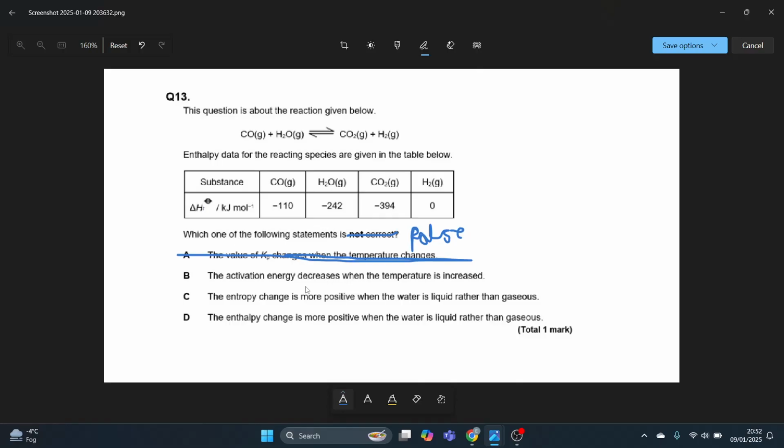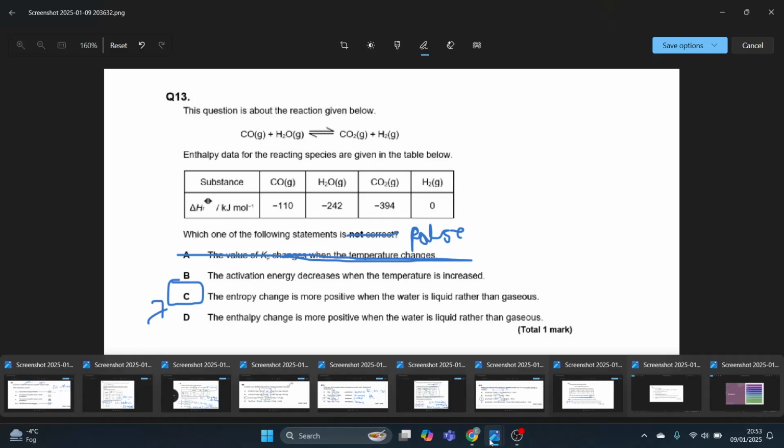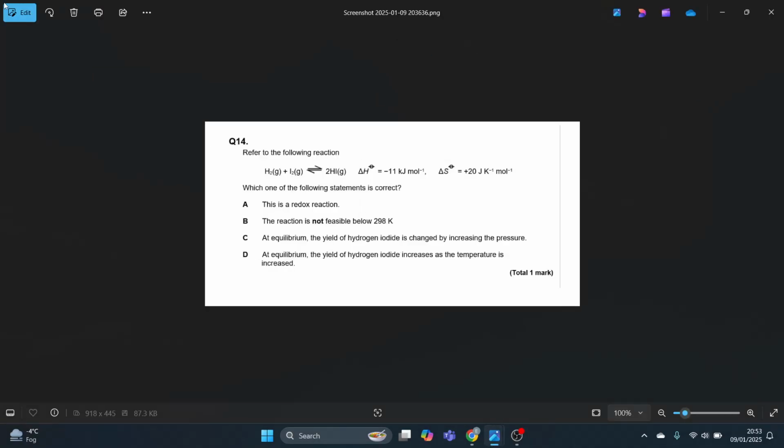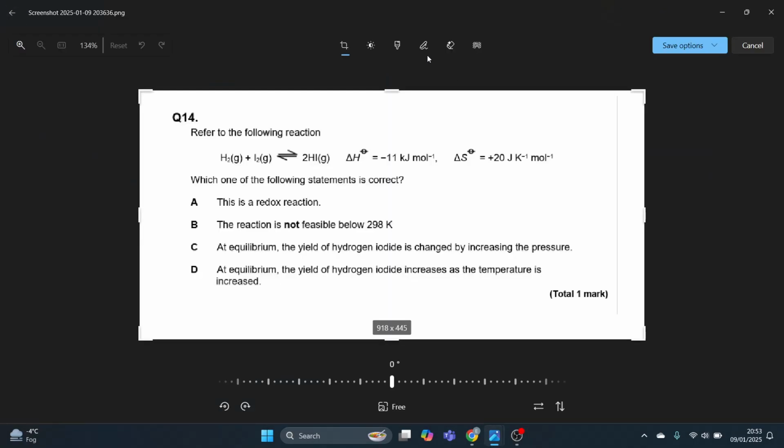No, that's not true. I'm almost 100% sure that's not true. The activation energy decreases when temperature increases. No, it's the activation energy, the minimum amount of energy particles need to react. No, I think it's clearly C. Anyway, let's finish it off and then we'll go to question 13.